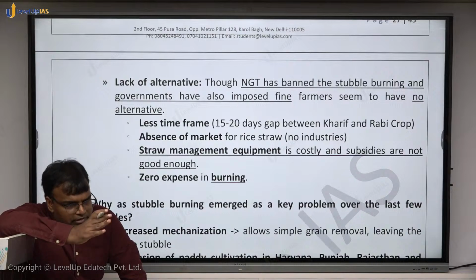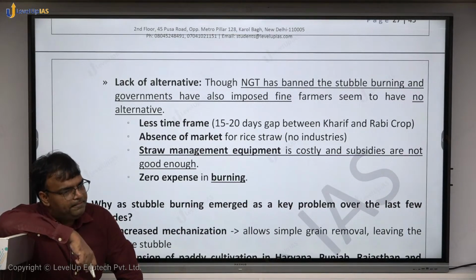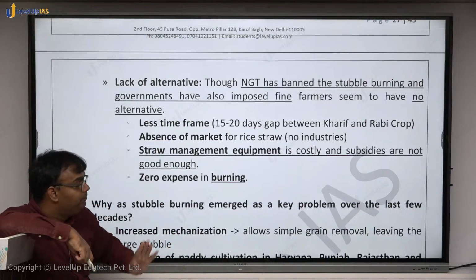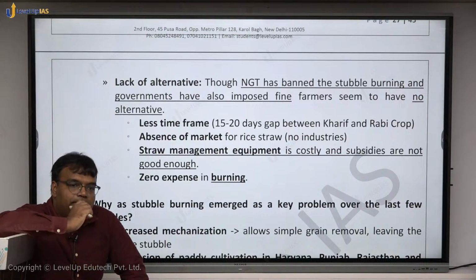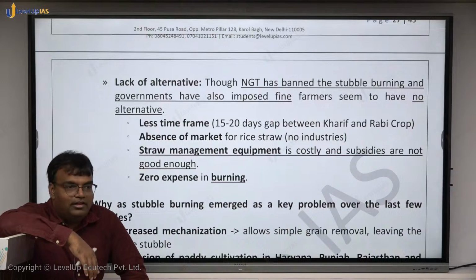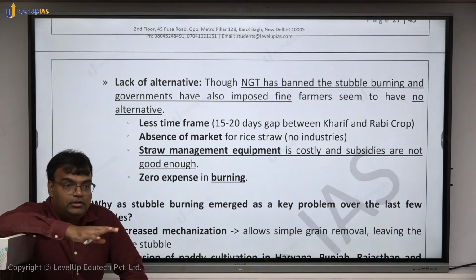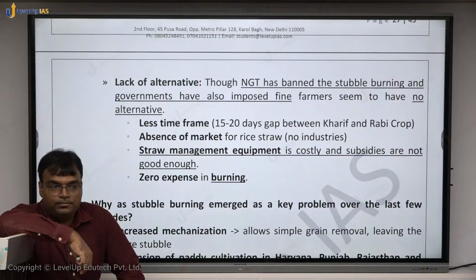For them, paying even that 50% is difficult. And at last, burning is easy. डाल दिया, zero expense. Whereas removing stubble, disposing of stubble or buying equipments, all those things are expensive.